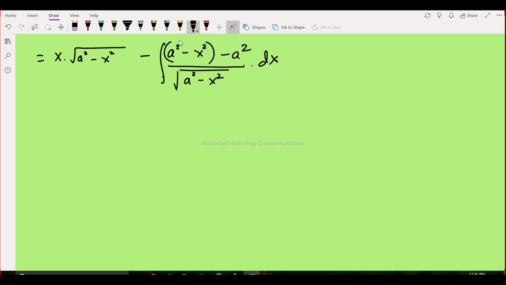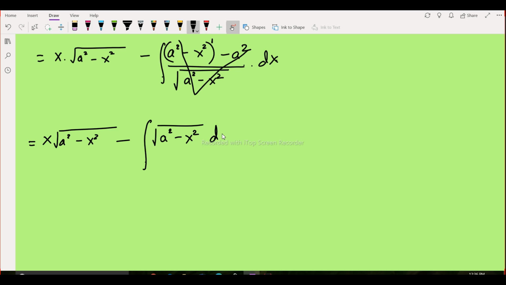Now let's separate this. See, we have this v shape. So I'll separate it. So when you separate, I'll get integration of, so this is a square minus x square upon root of a square minus x square. So this is raised to 1 and this is raised to half. So 1 minus half is half. So this is a root of a square minus x square dx, right?